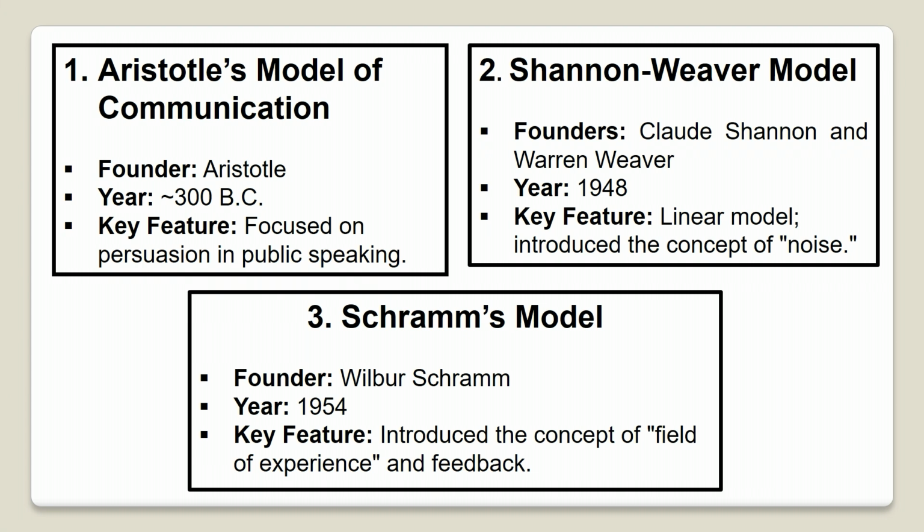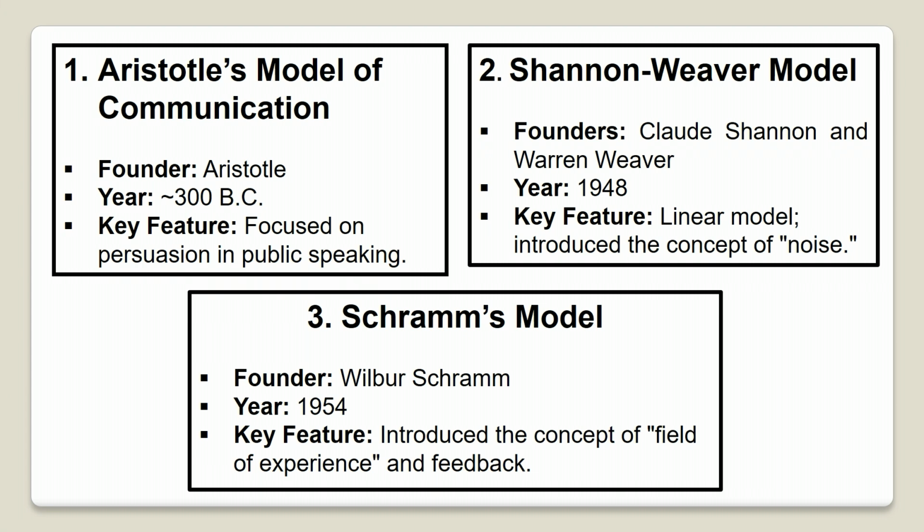Number 2, this is the Shannon and Weaver model. The founders were Claude Shannon and Warren Weaver, in the year 1948. The key features: it is a linear model and introduced the concept of noise.